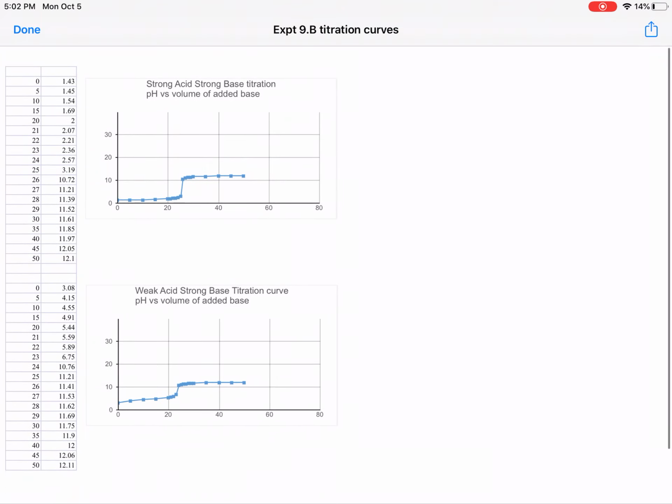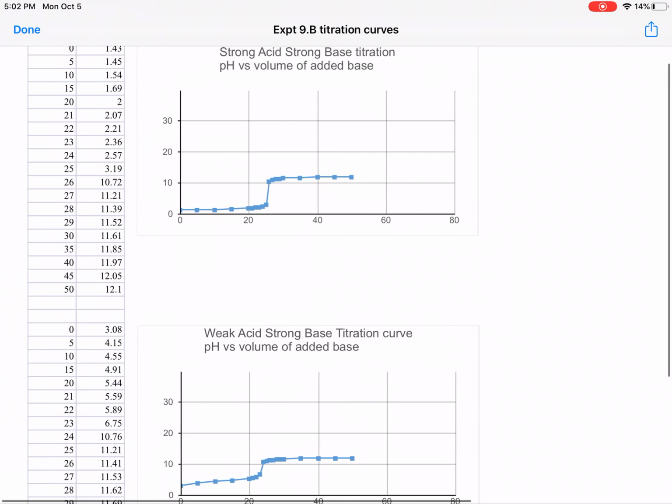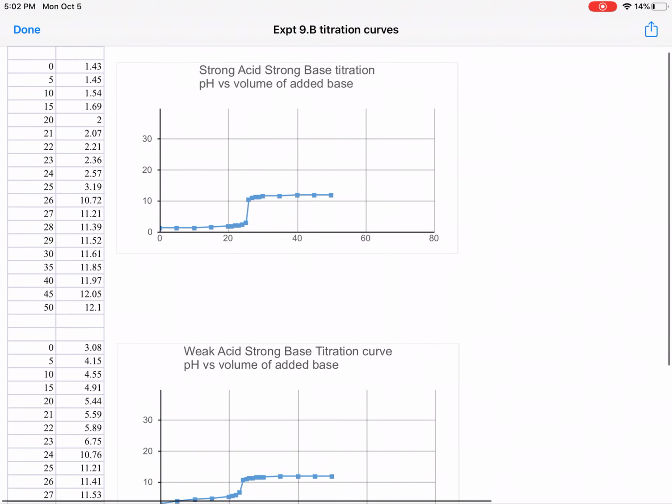Okay, so what you're going to do: you go to your Excel. On the first axis, that's going to be your x-axis, you're going to write down the volume of the second reagent added, and then on the y-axis, you're going to put down the pH, and then you're going to draw a graph between the volume of the added base and the pH of the solution.